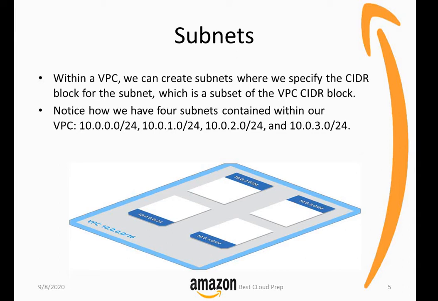Notice how we have 4 subnets contained within our VPC: 10.0.0.0/24, 10.0.1.0/24, 10.0.2.0/24, and 10.0.3.0/24. We have defined these CIDR blocks for our 4 subnets within our VPC, which is 10.0.0.0/16. So remember this.